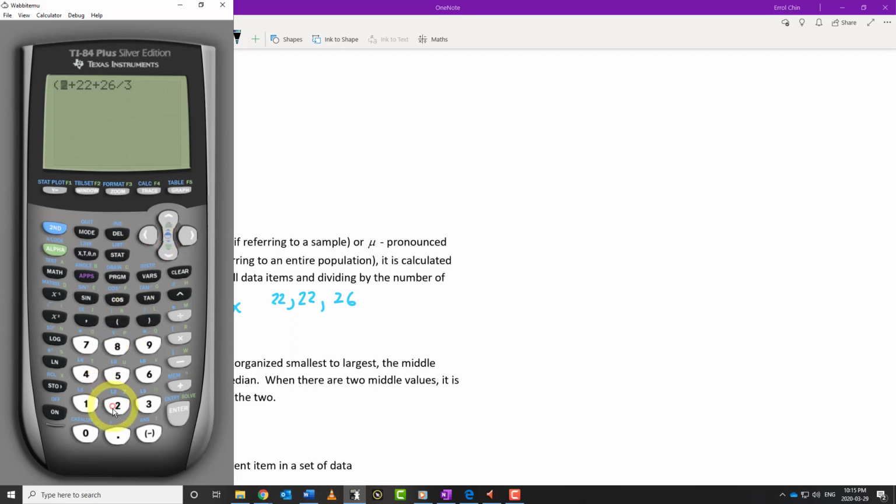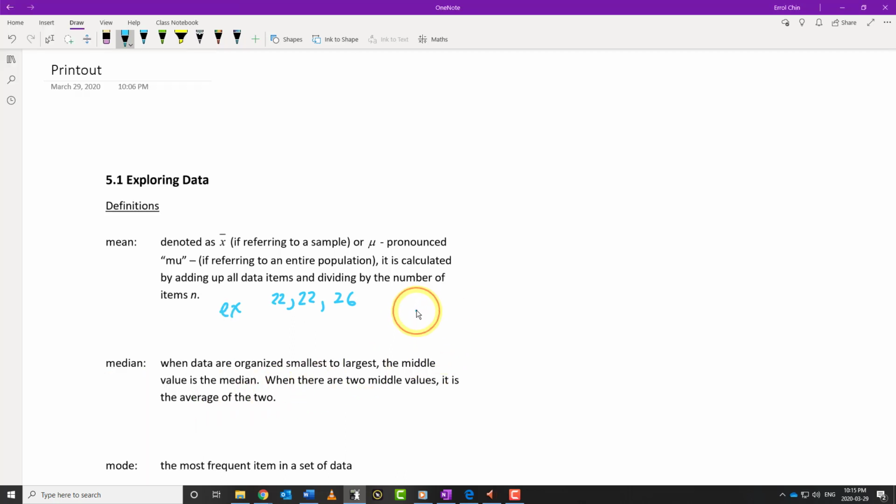So I'm going to go 22 plus 22 plus 26, all of that added and then divided by 3, because there's 3 tests. So your average is 23.333. So X bar, if this was your sample, would be 23.33. If this was your whole population, then your average mu would be 23.33.